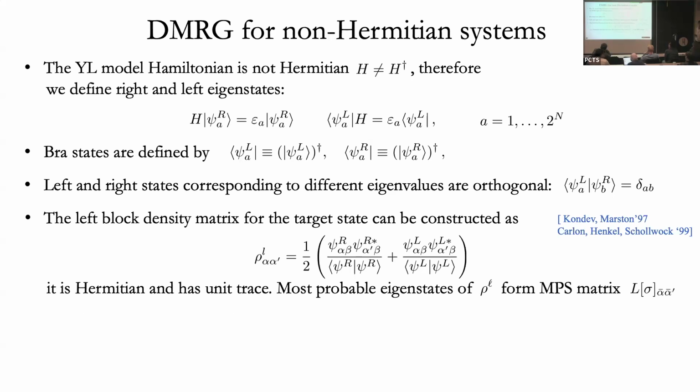Sorry, one question. At the PT symmetry breaking point, is that possible? I think the two eigenstates become the same. They merge. Yes, the Hamiltonian is not diagonalizable then. How do you deal with that?